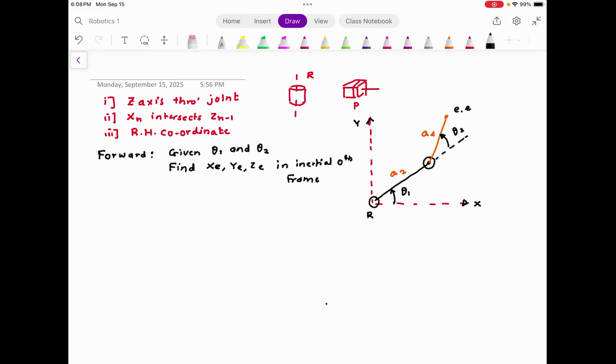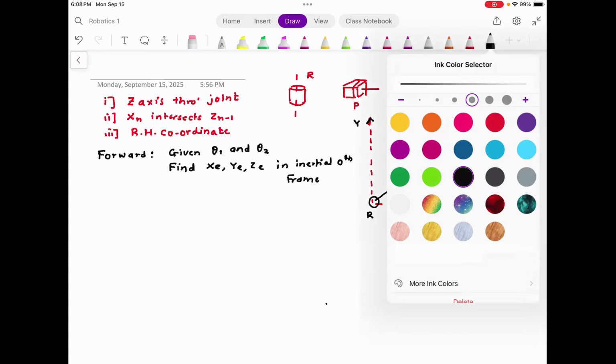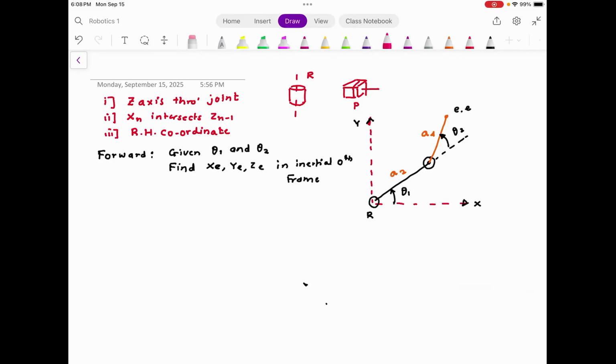As you can see, for this two-dimensional 2 degree of freedom system, it's a fairly straightforward problem.